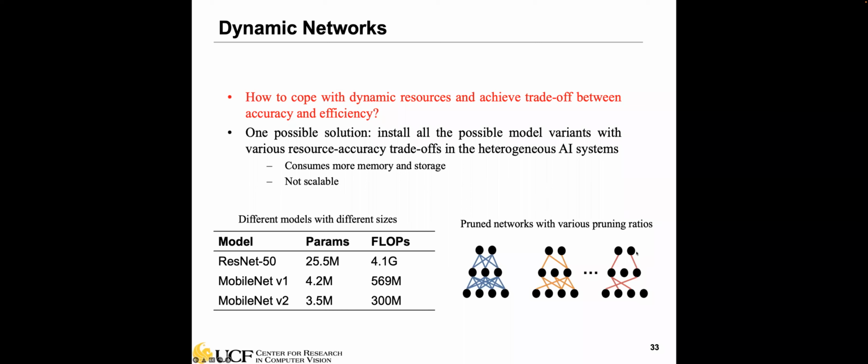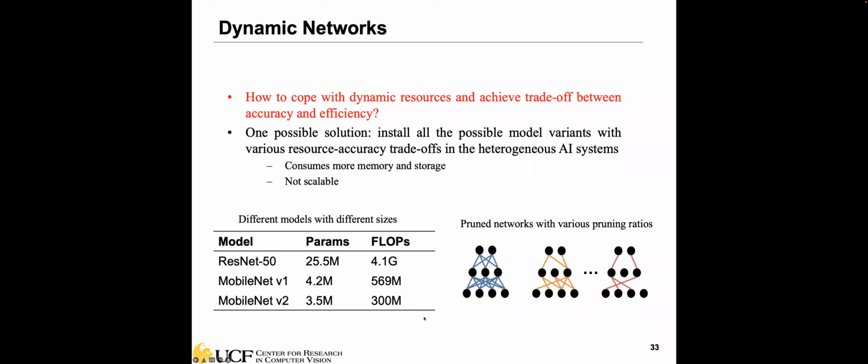So 60% definitely has the smallest compute, but the performance might be the lowest. So maybe we can deploy the 100%, 80%, and 60% models of the ResNet on the drone to achieve this kind of accuracy and efficiency trade-off.